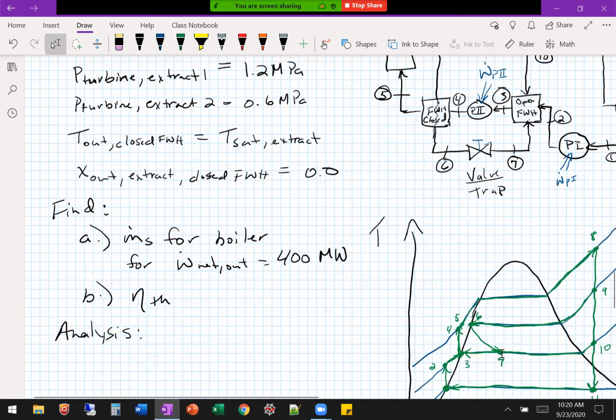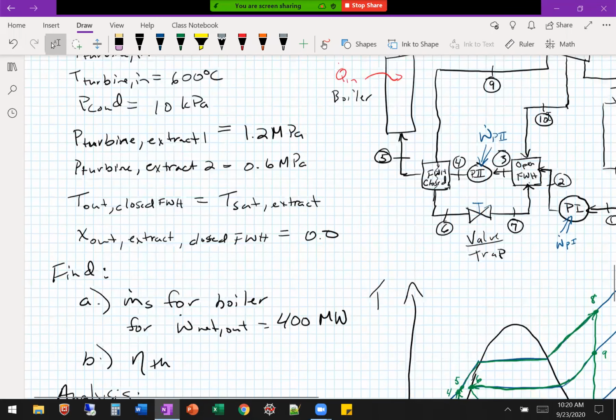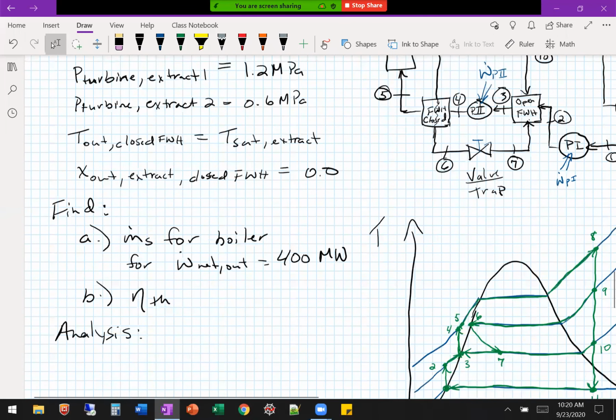Now, in this open feed water heater, 10, 2, and 7 are all coming together, and the outlet is 3. So it all just mixes and exits at 3. When you exit the closed feed water heater, I said it went through a valve because you have to drop its pressure to join someplace at a lower pressure in the system, since you're stuck here at 6.